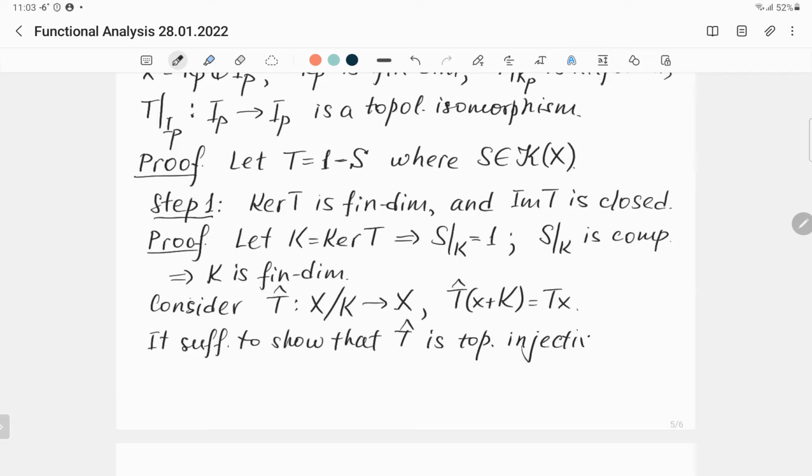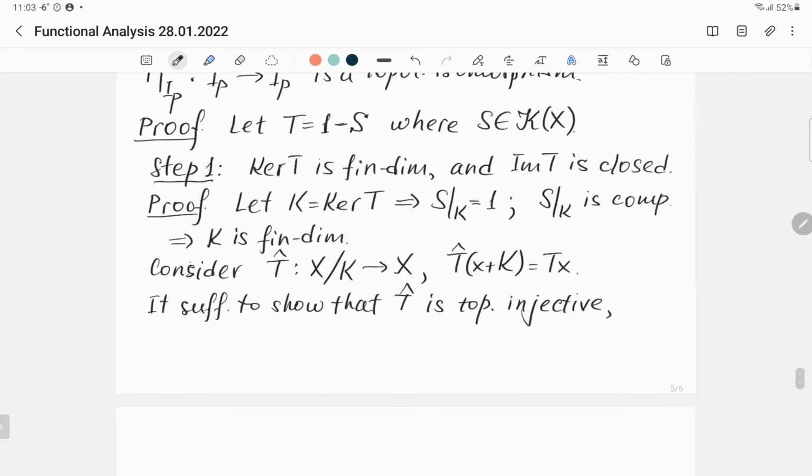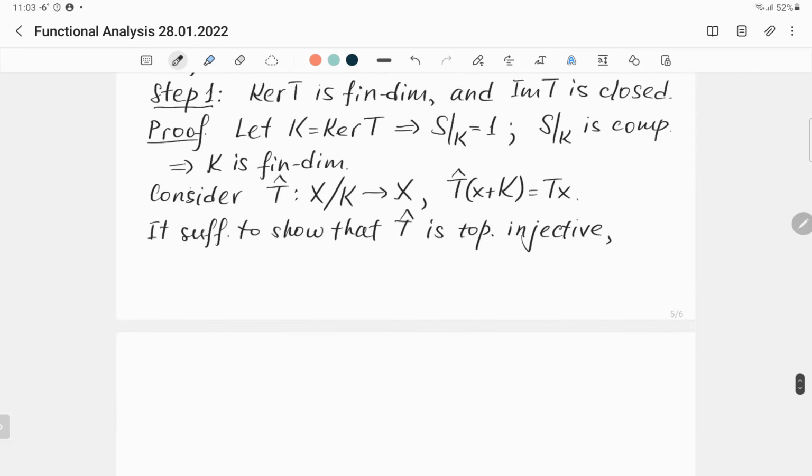Indeed, a topologically injective operator between Banach spaces obviously has closed image, because the image is topologically isomorphic to the quotient, which is a Banach space. So it suffices to show that T hat is topologically injective. And let's recall that an operator is topologically injective, that is, it is a topological embedding, if and only if it is bounded below on the unit sphere.